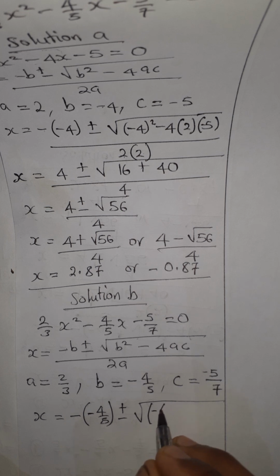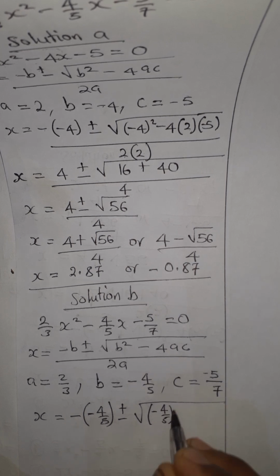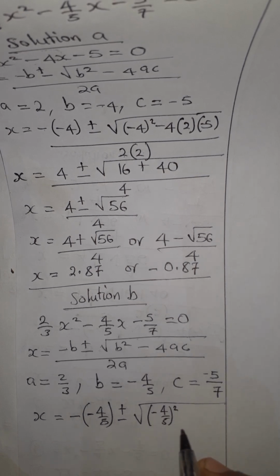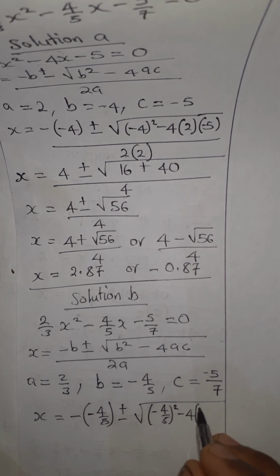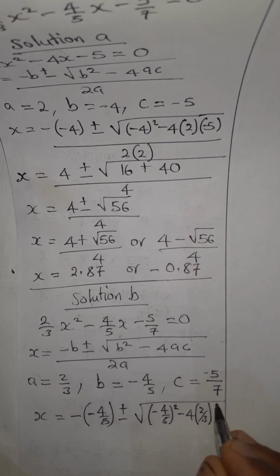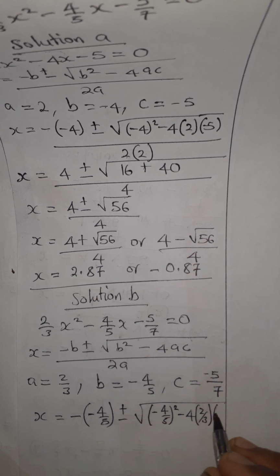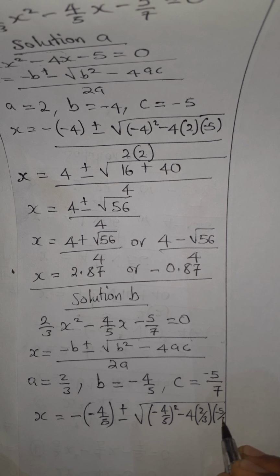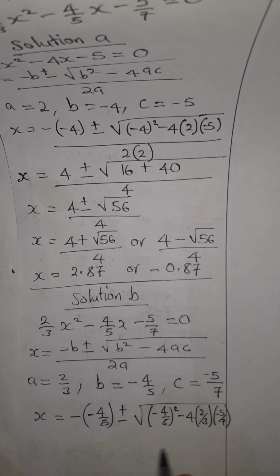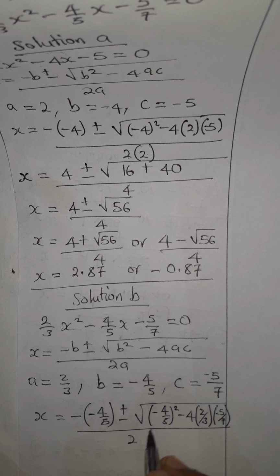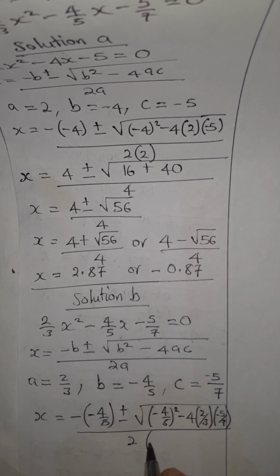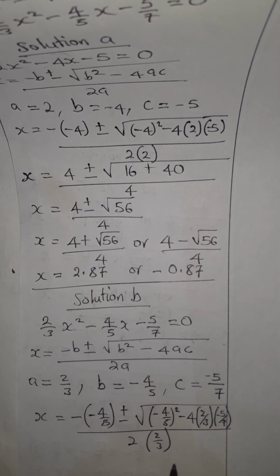I've got negative 4 over 5 squared. Then we have this minus 4 bracket, a is 2 over 3, and c is negative 5 over 7. The whole of this over, this one is 2 bracket, a is 2 over 3.